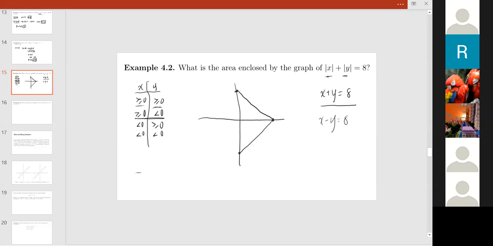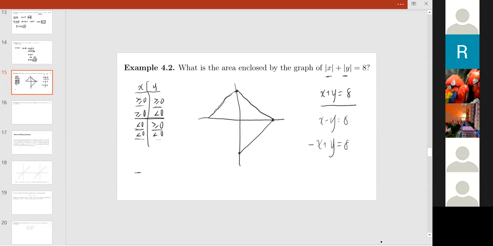Similarly, in this case, we have negative x plus y is equal to 8. This is going to be in the second quadrant because x is less than 0 and y is greater than or equal to 0. Again, we choose 2 points, 0, 8, and negative 8, 0.